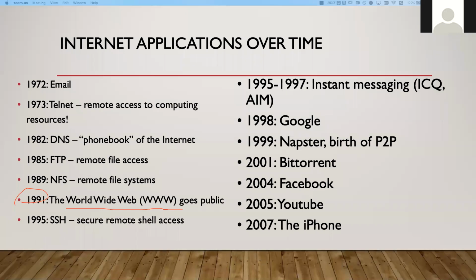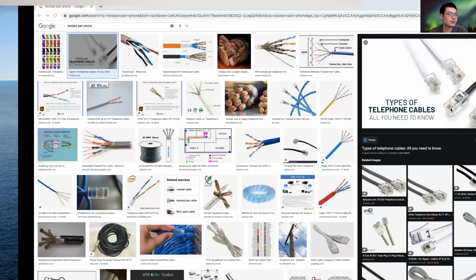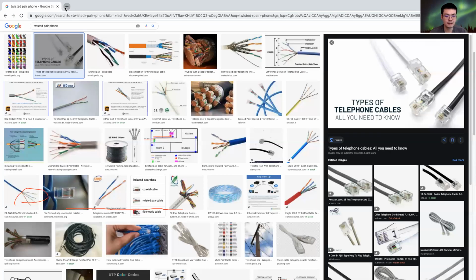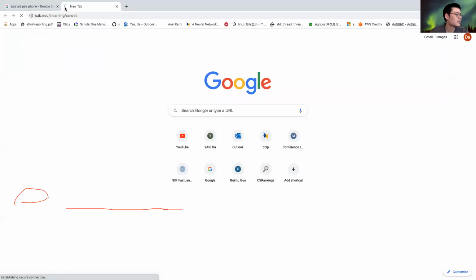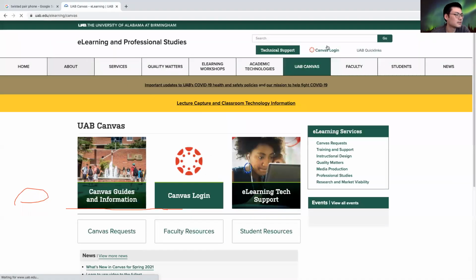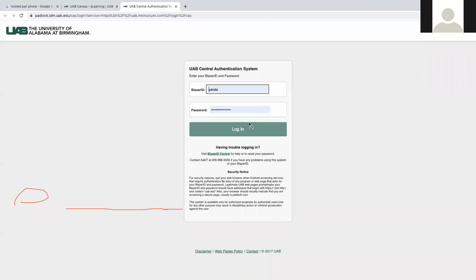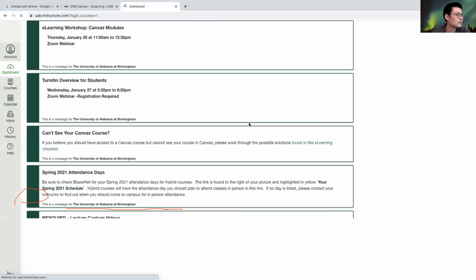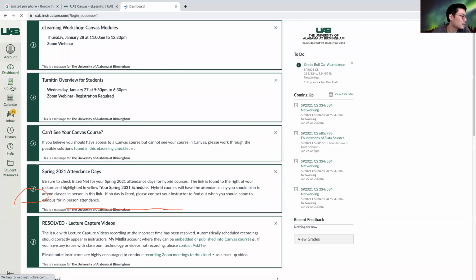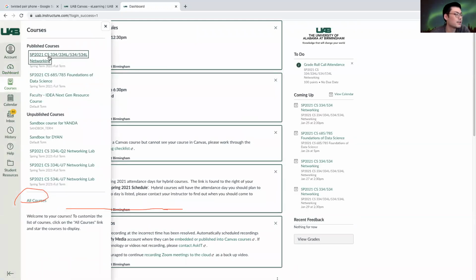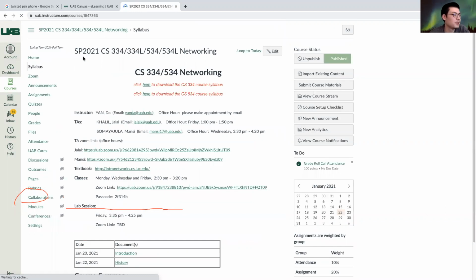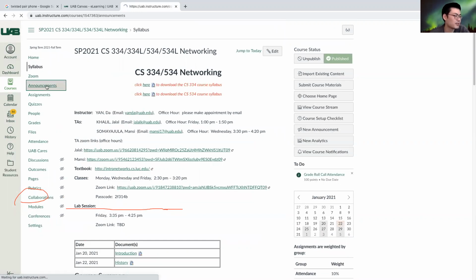How do we get to it? Is it on the syllabus? It's actually sent through a Canvas announcement. Let me show you. If you go to Canvas and see the course, whenever a video finishes uploading to YouTube, I will send an announcement through here.